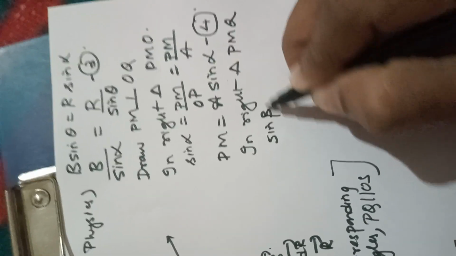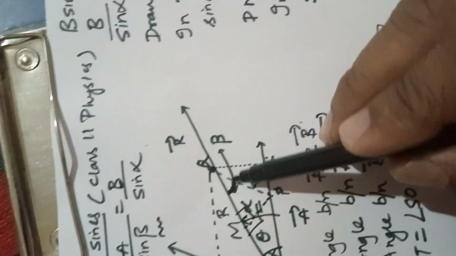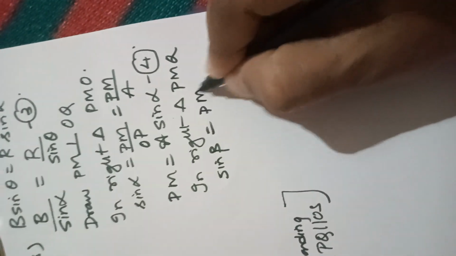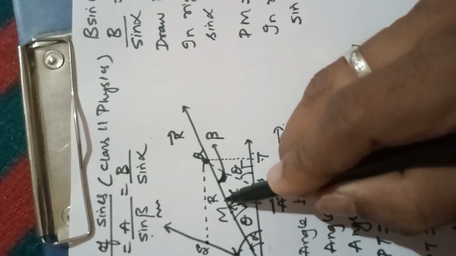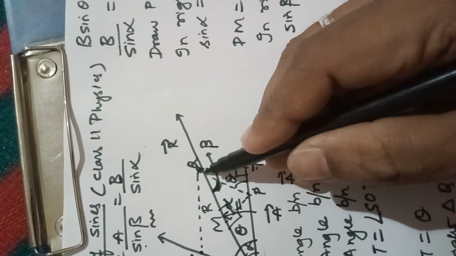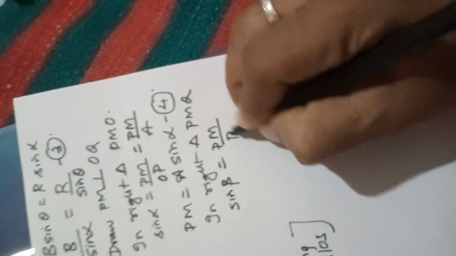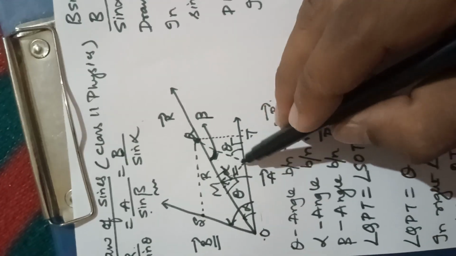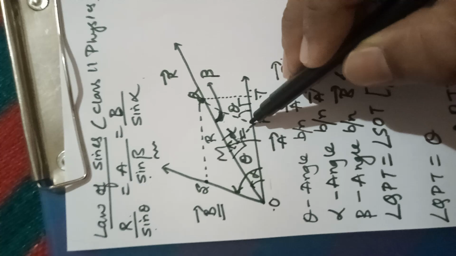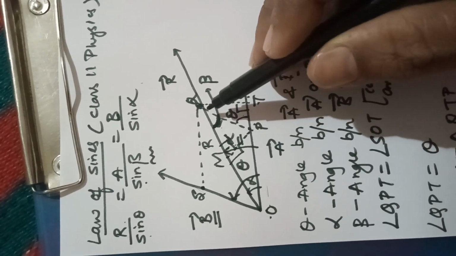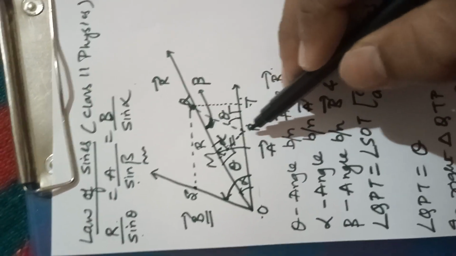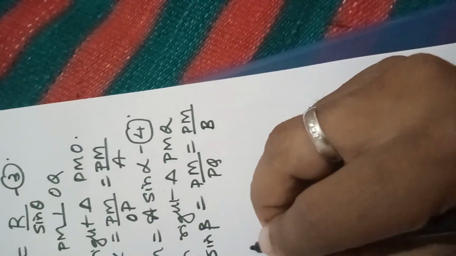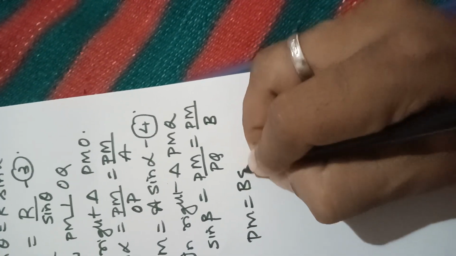Sine beta is the side opposite to beta, PM, by the hypotenuse, opposite the right angle, which is PQ. PQ represents the magnitude of vector B, as we discussed before. So I shall write PQ as B, the magnitude of vector B. Now cross multiply, and we get PM is equal to B sin beta.